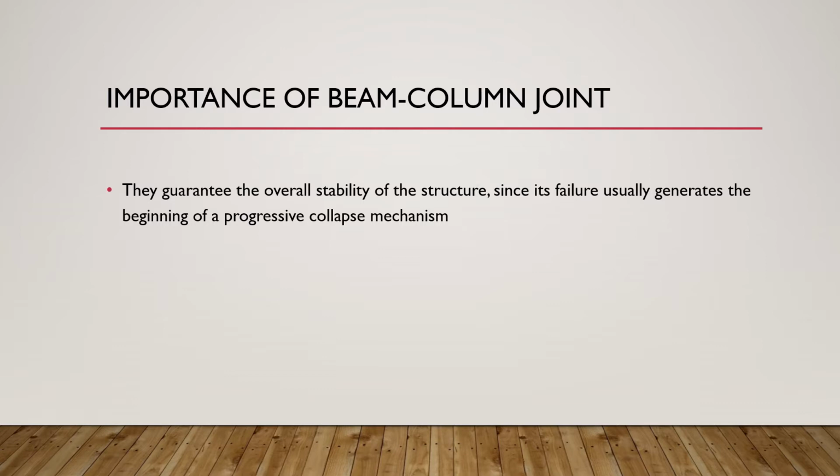In earthquake-resisting frames, a primary design goal is for joints to remain essentially elastic while plastic hinges form in adjacent framing members. Framing action can result in relatively large shear forces being transferred across the joint.